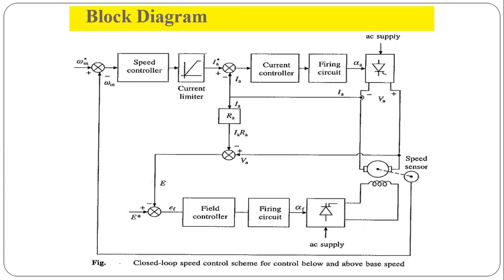As described earlier, the operation below base speed is according to this diagram. We are using a controlled rectifier, an AC supply is given, and this is the firing circuit, which provides the firing angle alpha F. This is connected to the armature and field winding.